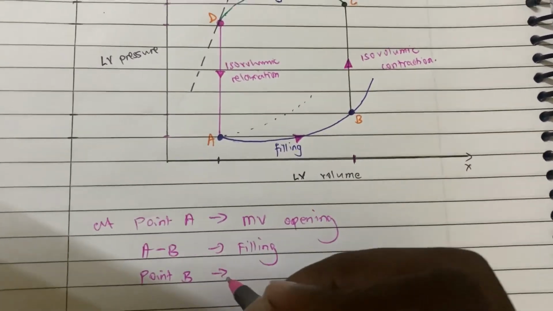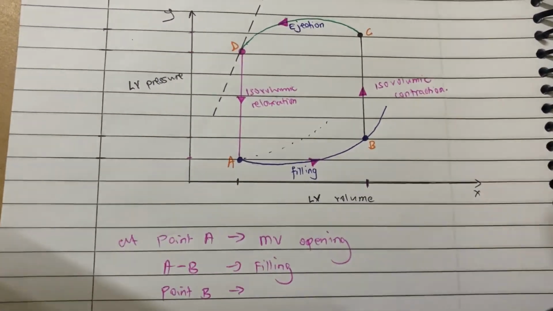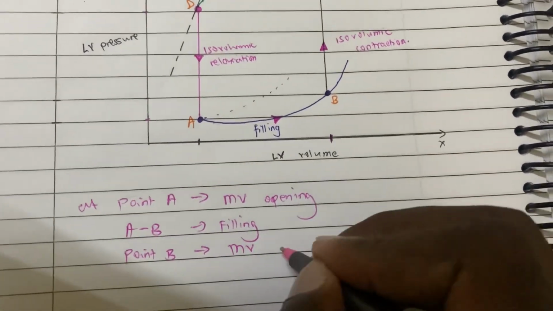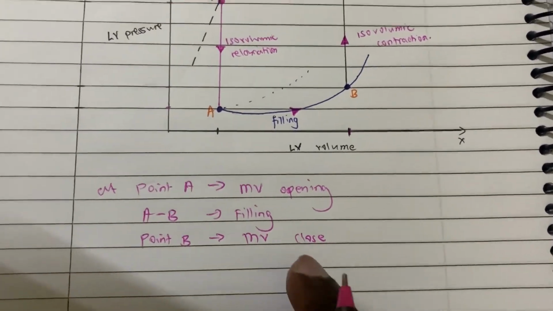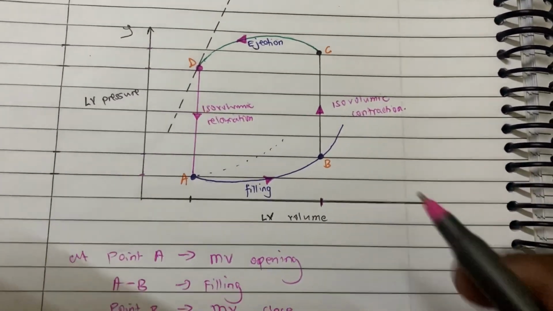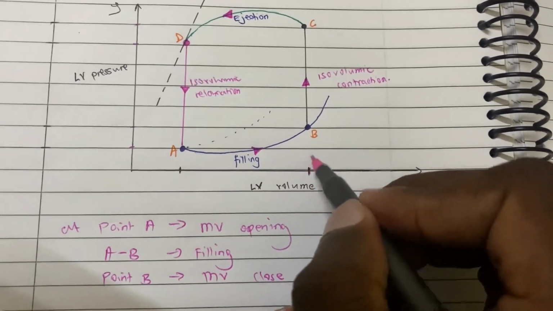What happens at point B? Before isovolumic contraction, or to cause isovolumic contraction, the mitral valve closes. Mitral valve has closed at point B. Why do we say it has closed? Because we don't see any change.